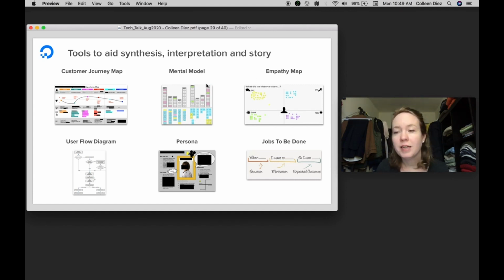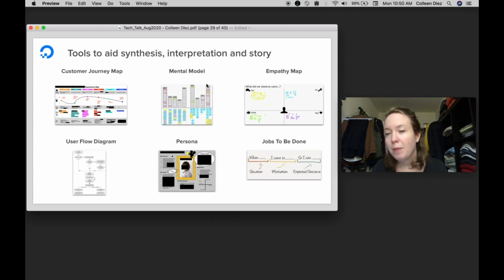A mental model diagram is also something that we use to understand how people are making decisions or how they go about accomplishing different tasks on our platform. It can give you a sense of not just what people are doing, but what they're thinking as they're using your product experience.